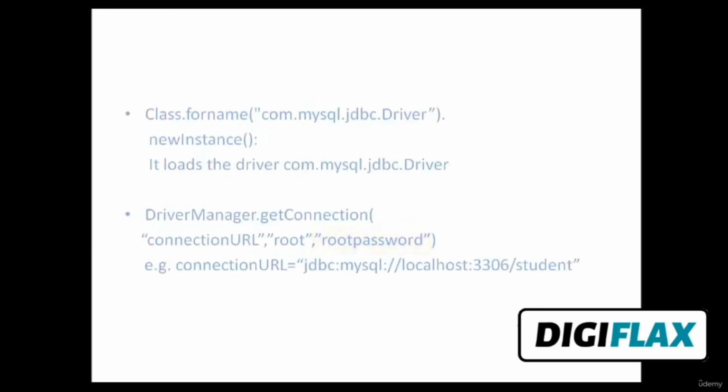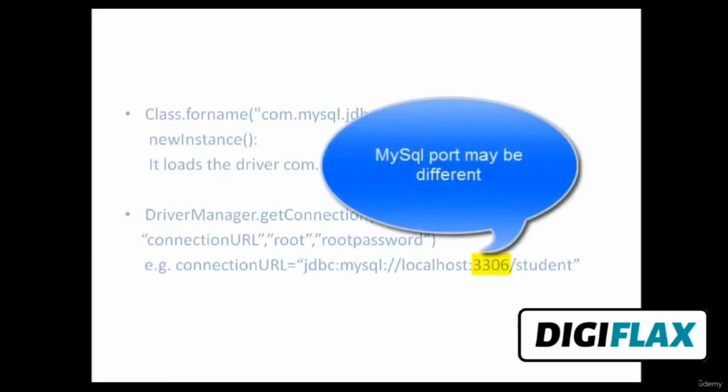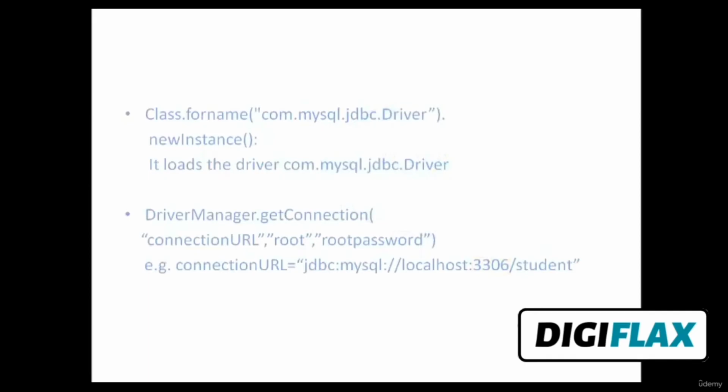See that in the connection URL we are providing the port of the MySQL server. Here it is 3306, the default value, but it may happen that the default port is not working and MySQL is working on another port. In this case we have to find the port on which MySQL is running.